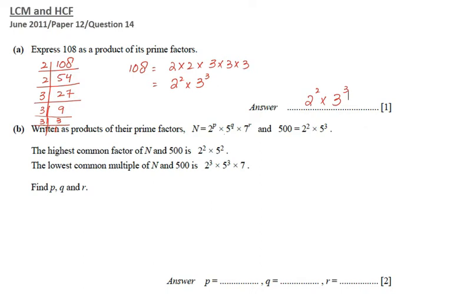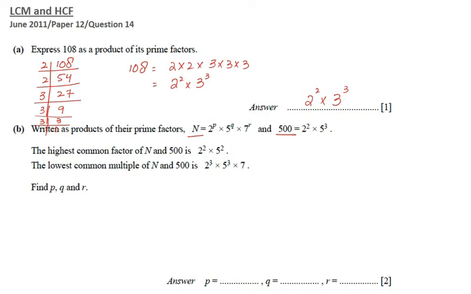So these two numbers, n and 500, have highest common factor or HCF as 2 square into 5 square. And the least common multiple or LCM is 2 cube into 5 cube into 7. Now find p, q and r.